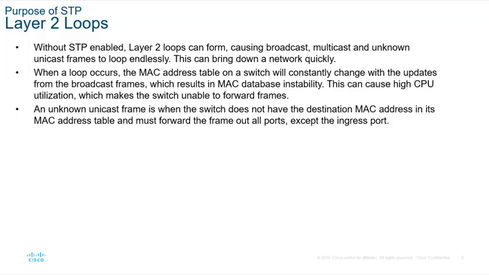An unknown unicast frame is when a switch does not know the MAC address of the destination device. If it doesn't know the MAC address of the destination, it will flood that frame to all the active interfaces, even though the IP address of the destination is known.